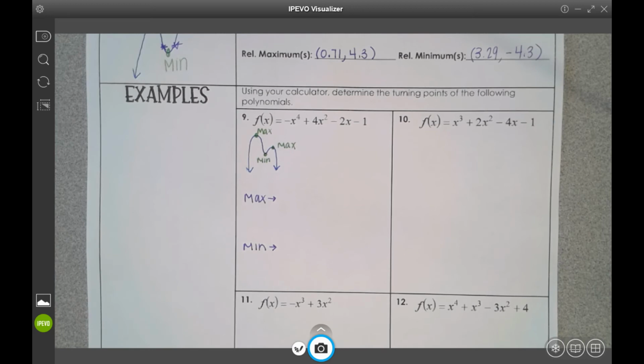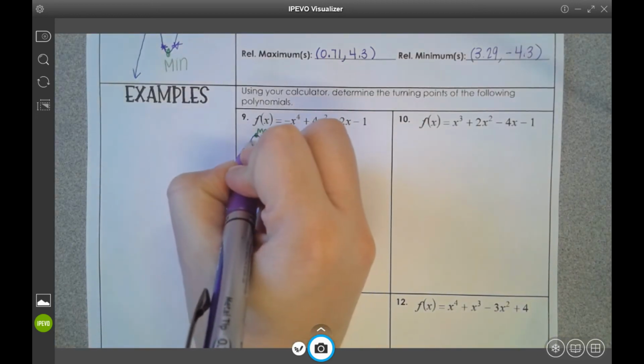So has everybody got your graph? So second trace. Start with the max. I always go left to right. It doesn't really matter. But we start with the first max. So we're going to click 4 for the maximum. And I'm going to move my cursor to the left of that maximum.